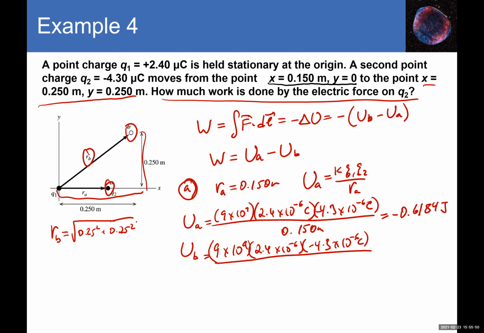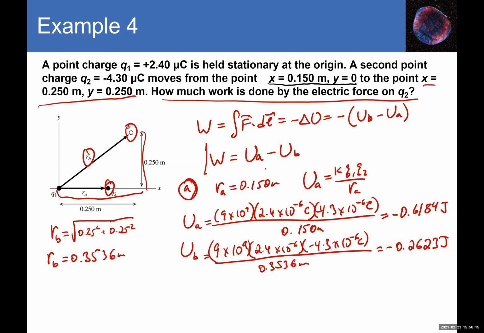That's my distance. I calculate this. RB is equal to 0.3536 meters. Then 0.3536 meters goes here, and I calculate, and I'm going to get negative 0.2623 joules. That's my potential energy at point B for that system.